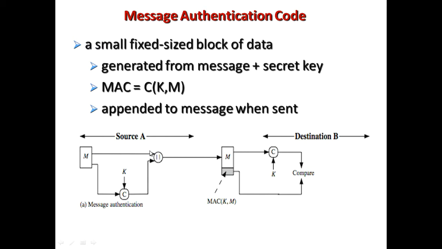This is called the concatenation symbol. After applying the MAC algorithm using the secret key, you get the MAC code. This MAC code is appended to the plain text, and the concatenation of plain text and MAC code is sent to the destination.